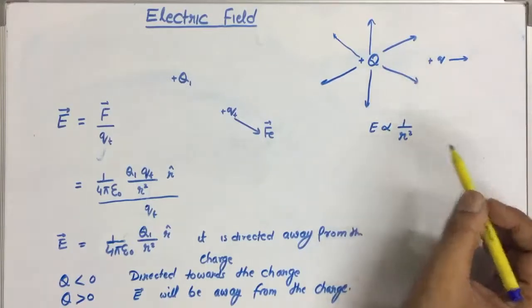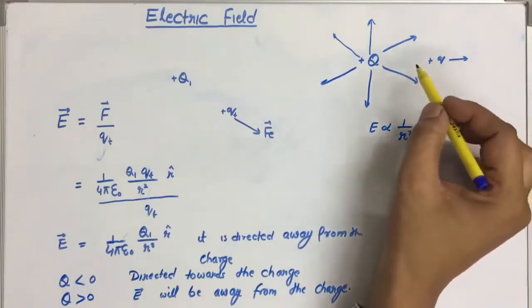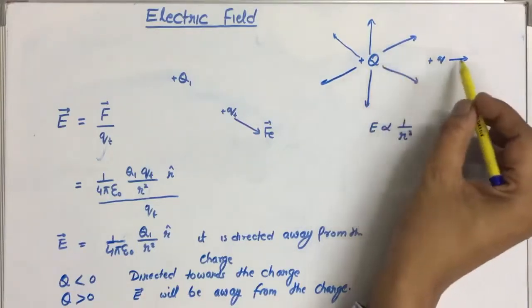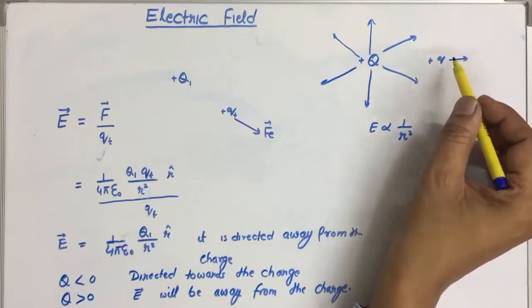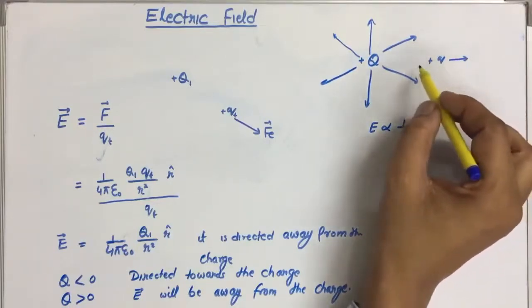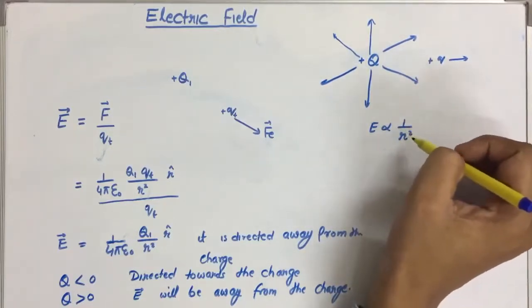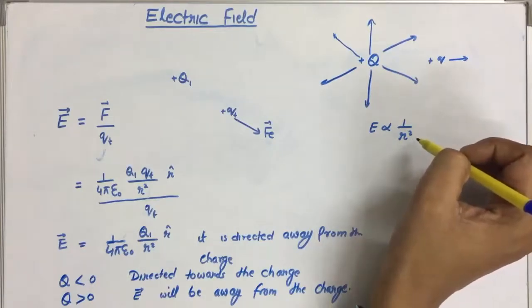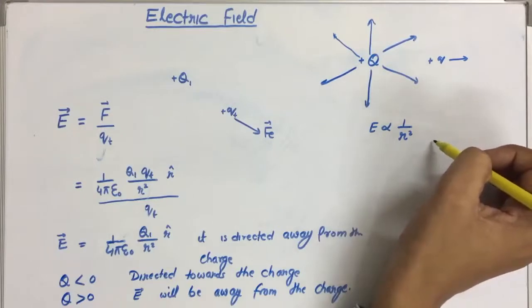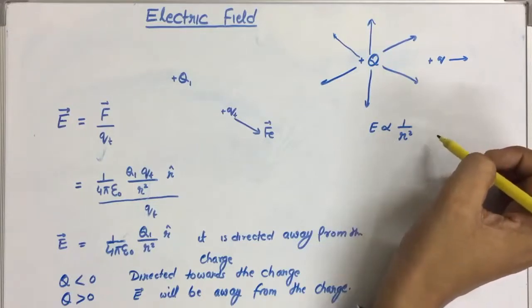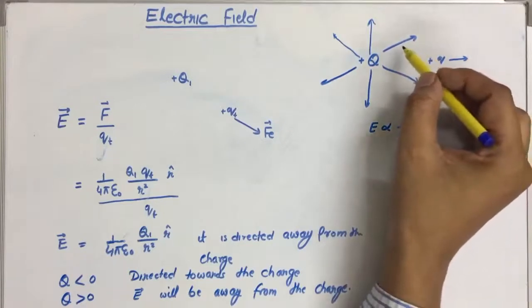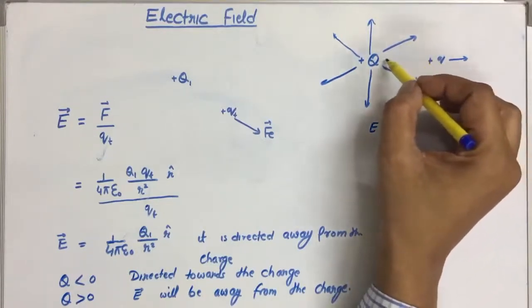It means as we move away from the source, field intensity will reduce because it is inversely proportional to the distance square. So as you go on increasing the distance, the field intensity will go on decreasing.